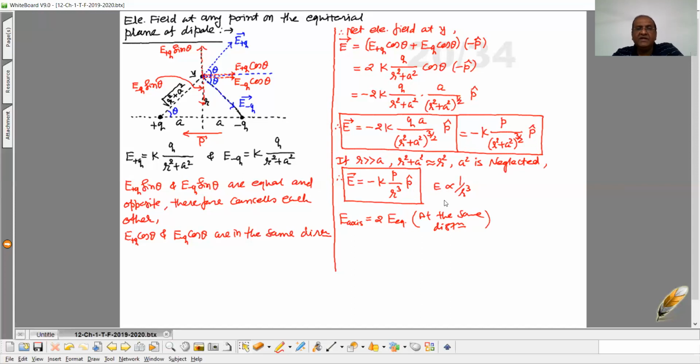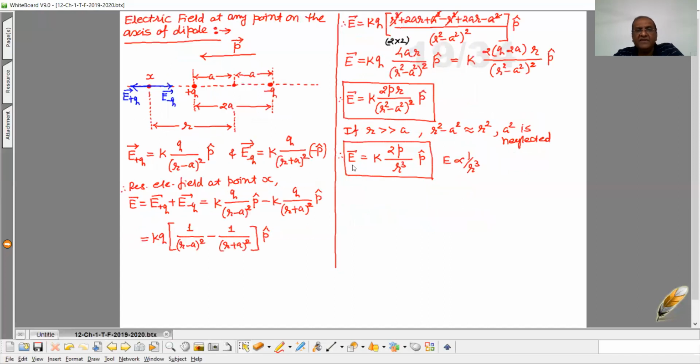Okay. Now see here the equations. E is equal to minus kp upon r cube into p caret, and here E is k 2p upon r cube into p caret.